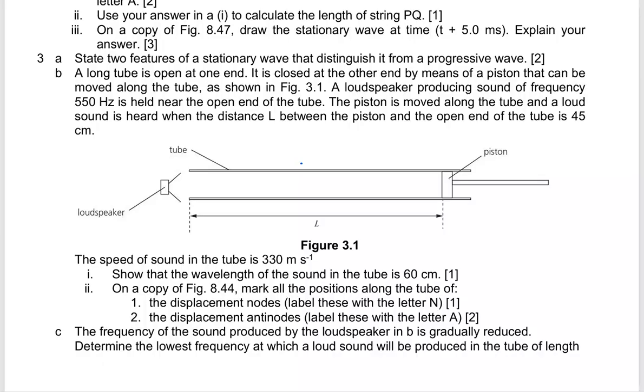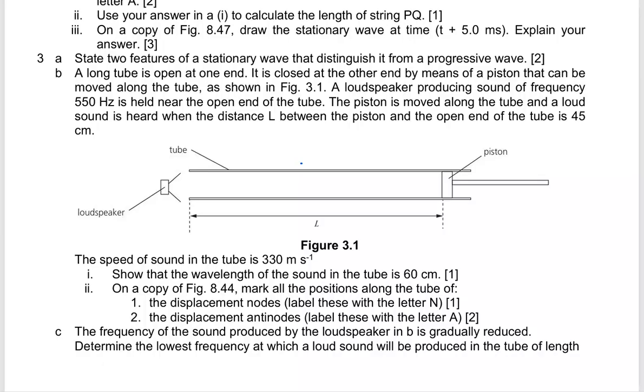A long tube is open at one end and closed at the other end by means of a piston that can be moved along the tube. A loudspeaker producing sound of frequency 550 Hz is held near the open end of the tube. Read the question. So L is 45 cm when the loud sound happens.